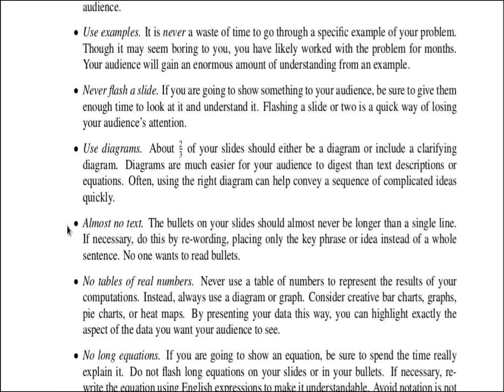And either of those options is a bad option. You don't want to give the audience that choice. You want the audience's attention to always be on you and for you to communicate to them the important parts of the problem. So the way to do that is to have your slides have almost no text. And my rule of thumb is that your bullets should never wrap around to a second line.